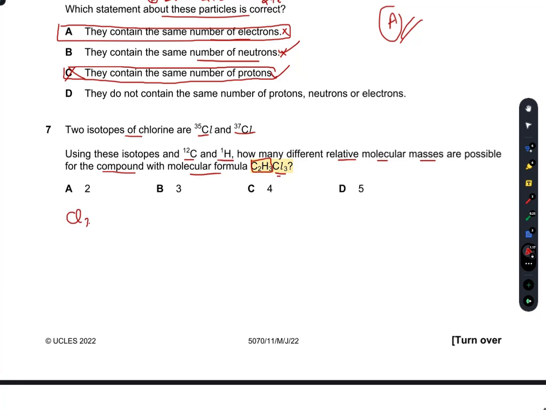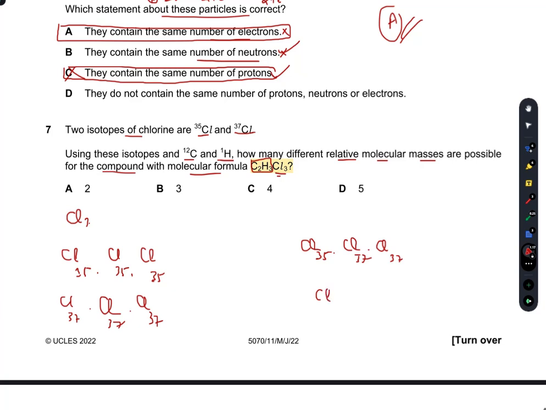So this Cl3 can be Cl35, Cl35 and Cl35. It could also be chlorine 37, chlorine 37 and chlorine 37. It could also be chlorine 35 and 2 chlorine 37, and it could also be 2 chlorine 35 and 1 chlorine 37.